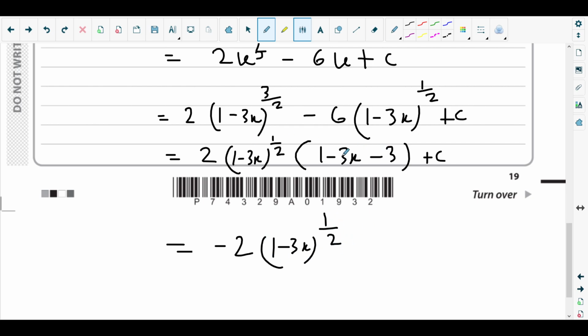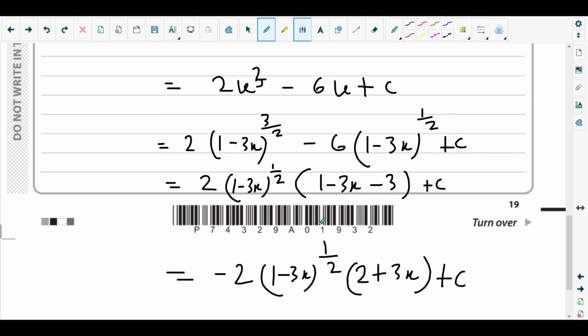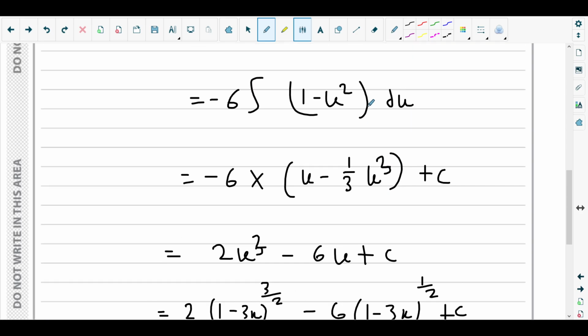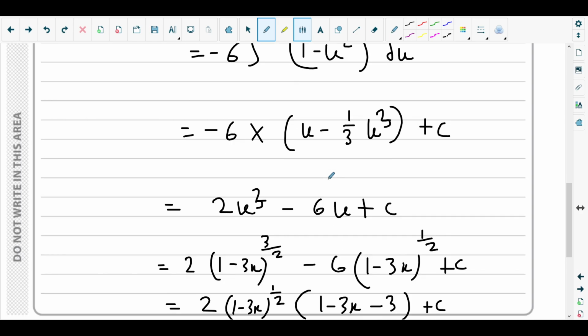And then since it was negative 2, that would give 2 plus thrice x plus c. That's it. I just couldn't consider that it was u cube. I wrote it as u squared earlier. Just cover this up, and that's it.